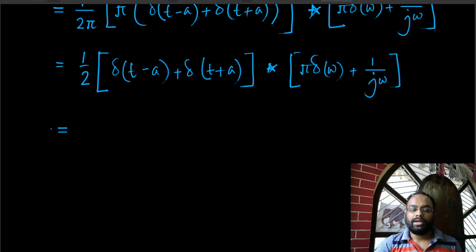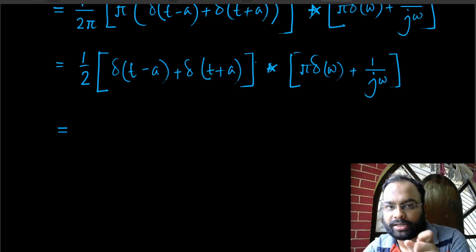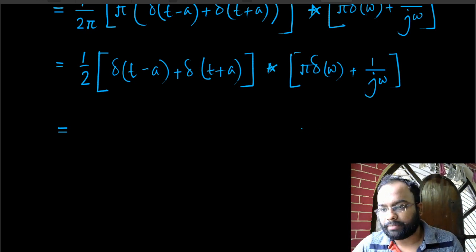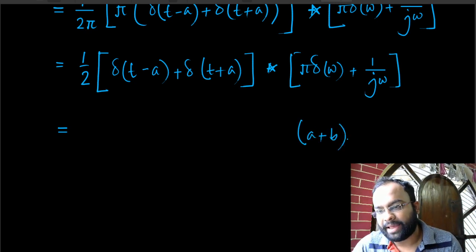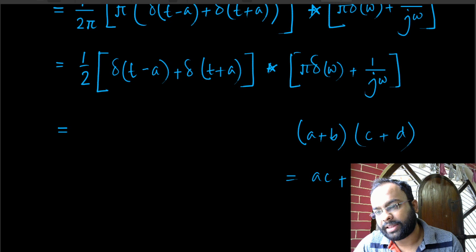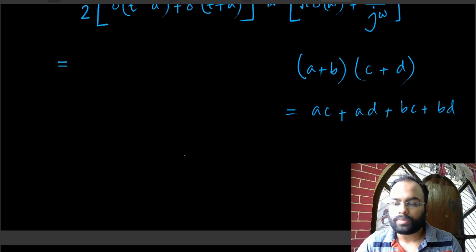Now, just like multiplication, convolution is both commutative and distributive in nature. What do I mean by distributive? Just like multiplication, if I say a plus b into c plus d, we write ac plus ad plus bc plus bd. The same goes for convolution.